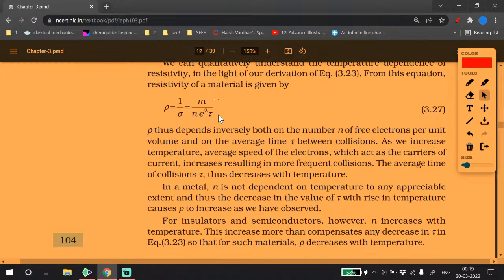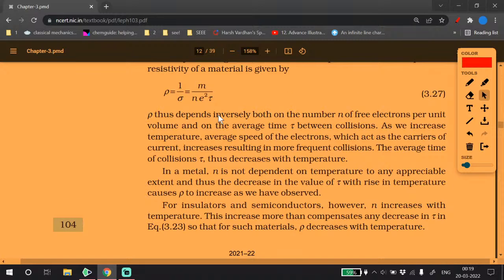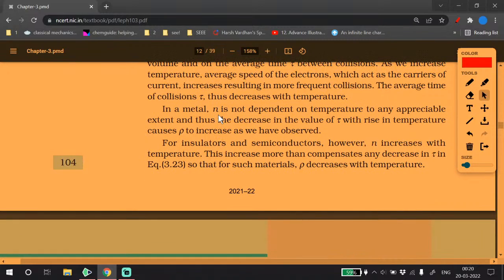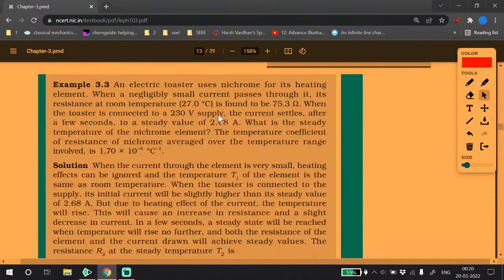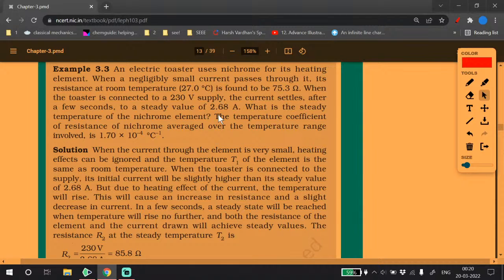So this is in the case of metal conductors, but for insulators and semiconductors, there is a negative dependence on temperature, because when you increase temperature, more electrons start participating in the conduction, and this will outweigh any decrease in the relaxation time. So insulators too have a negative temperature coefficient of resistance.